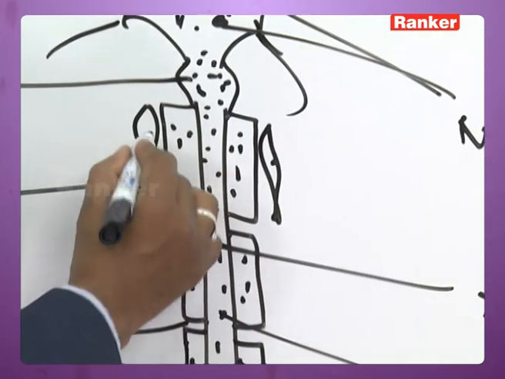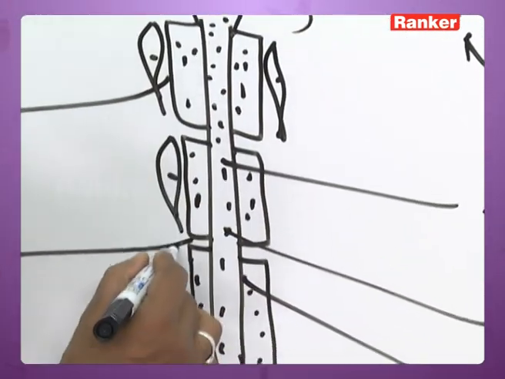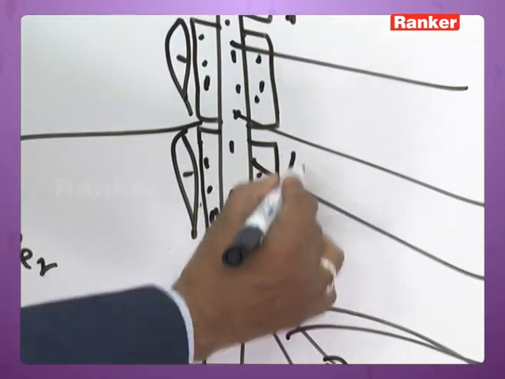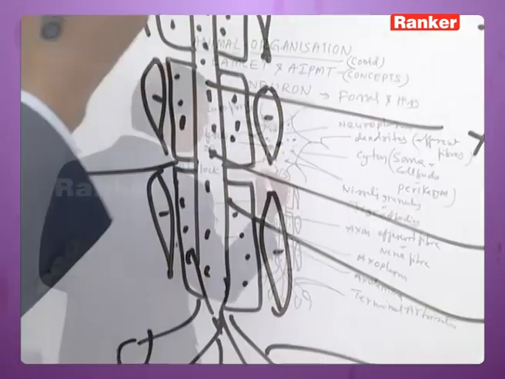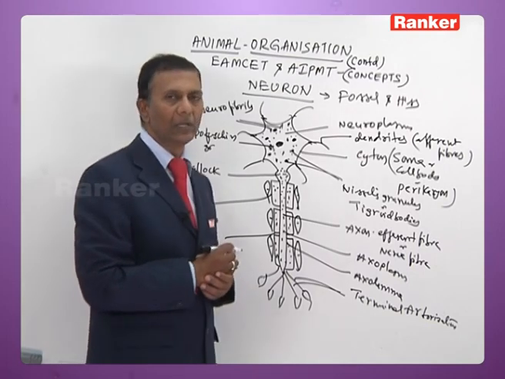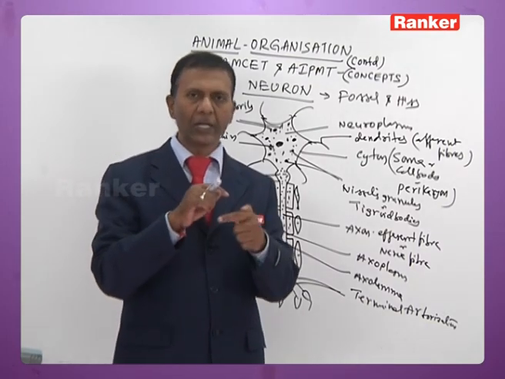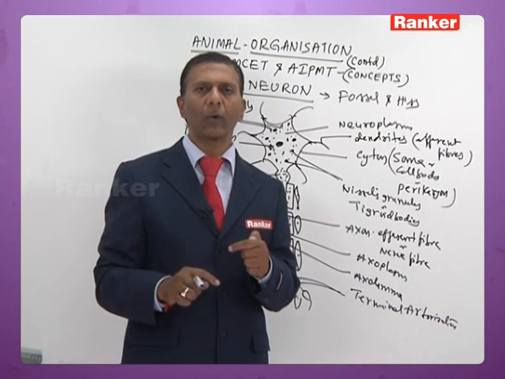So these spindle-shaped cells, which are present one in each internode, are called Schwann cells. Each Schwann cell secretes a myelin sheath in a concentric manner around the axon.